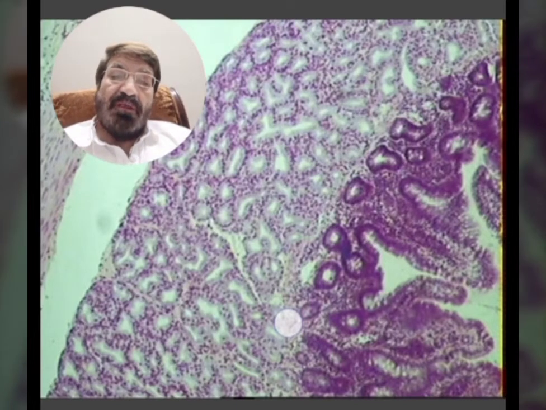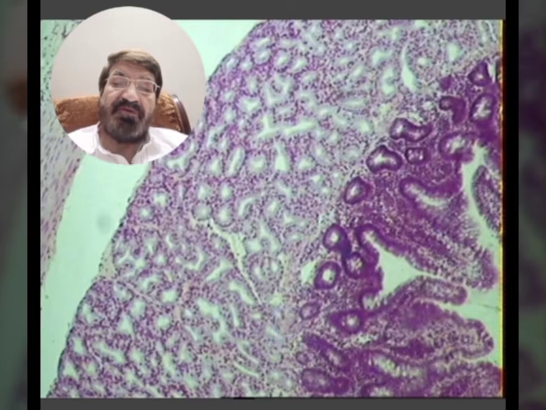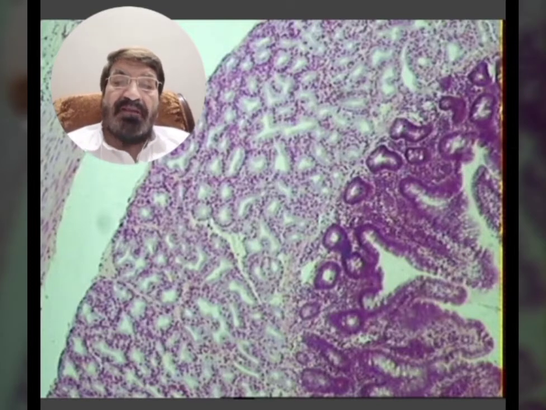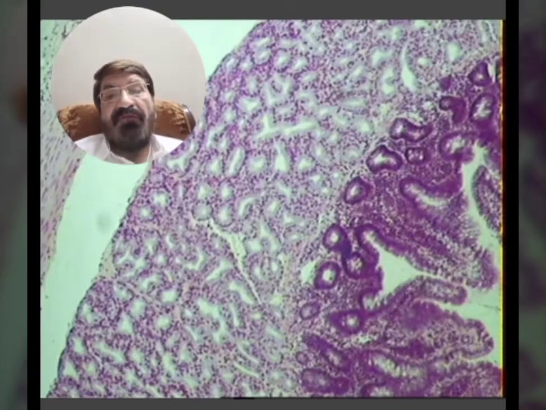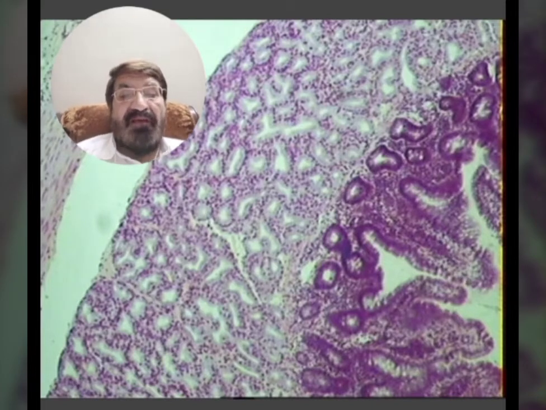The mucous membrane is thrown into finger-like projections known as the villi, and these villi are of different types. In the duodenum there are these leaf-like villi. And there are crypts of Lieberkühn, the simple tubular glands.